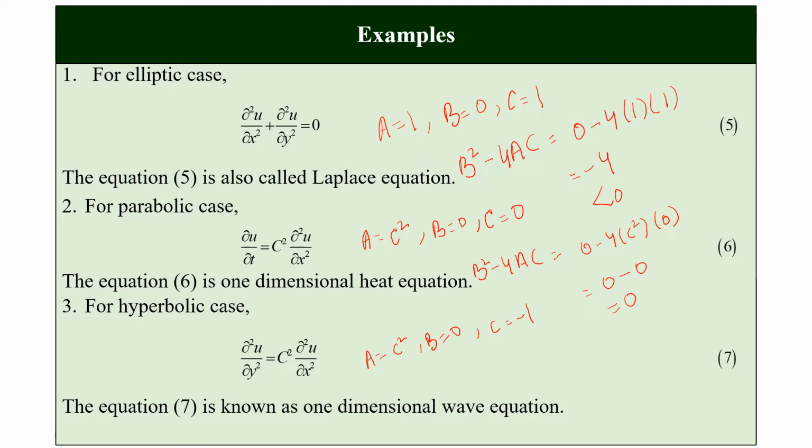So if we substitute these values again in the discriminant b square minus 4ac, we find that b is equal to 0, minus 4, the value of a is c square, the value of c is minus 1. So minus minus plus, which is equal to 4c square, and this is greater than 0. So the one-dimensional wave equation is the example of hyperbolic partial differential equation.